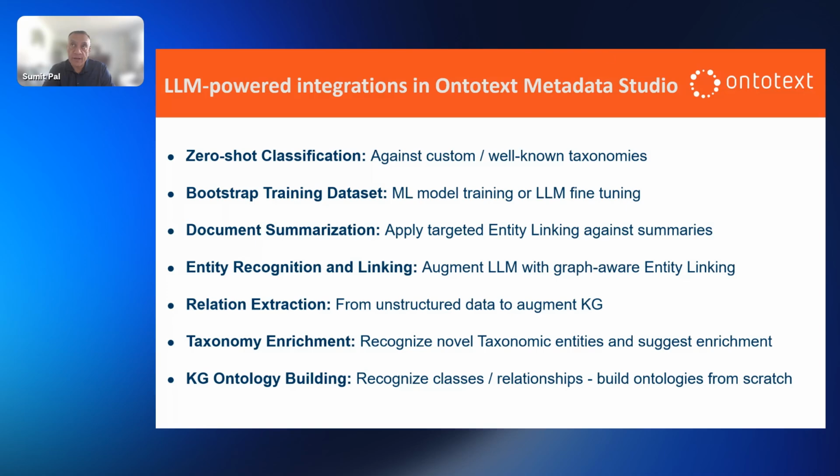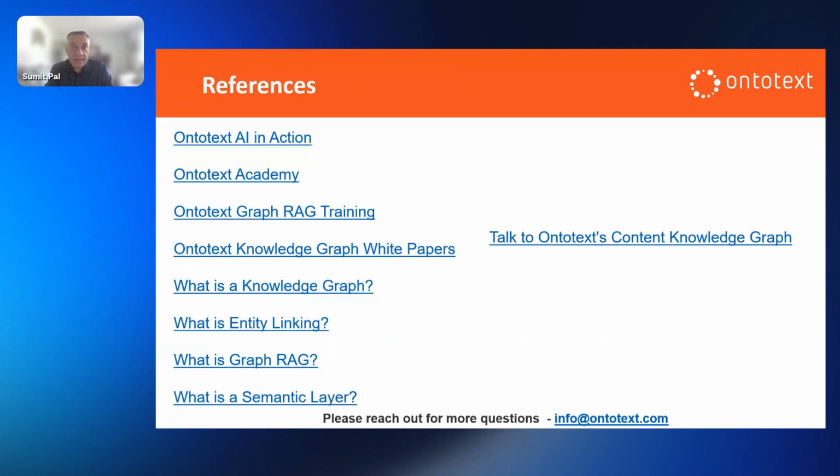You create knowledge graphs from unstructured data, and we have enhanced it extensively by integrating the powerful features of LLMs, from zero-shot classification with well-known taxonomies, where you can pass in a taxonomy and it can detect an event or an entity, to relation extraction. It can also help you enrich your taxonomies, or even build certain ontologies from the ground up. So that's it from a presentation perspective.